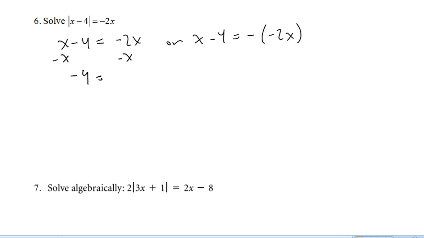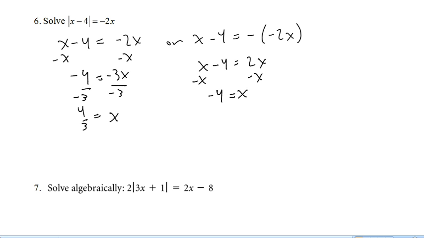So I have negative 4 equals negative 3x. Divide by negative 3. Get x equals positive 4 over 3. Or over here, we get x minus 4 equals 2x. Subtract x from both sides. And I get negative 4 equals x.